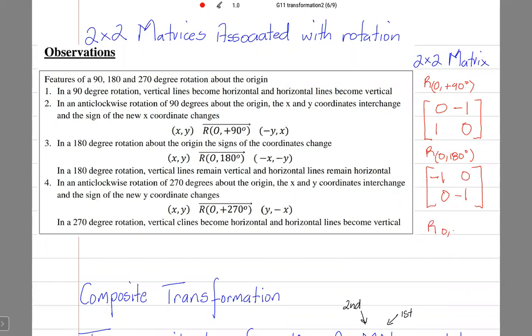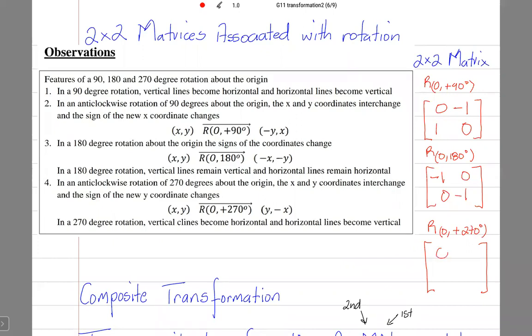Finally, R0 positive 270. Now this is an anti-clockwise rotation of 270 degrees about the origin. In an anti-clockwise rotation of 270 degrees about the origin, the X and Y coordinates interchange and the sign of the new Y coordinate changes.